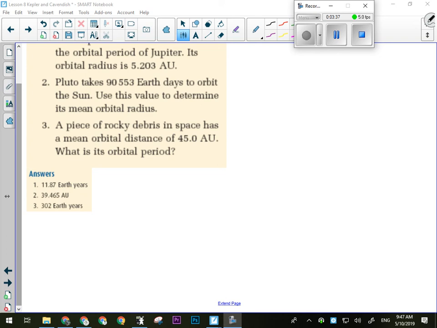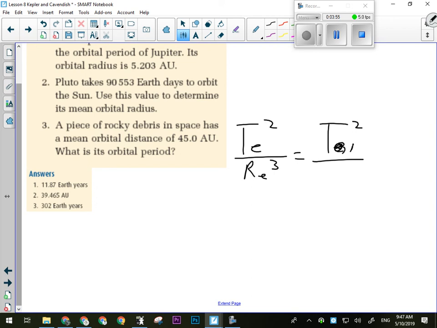All right, so for number 3 here, okay, we have the mean orbital distance or orbital radius for this piece of rocky debris, and I'm going to set it equal once again to Earth. So the period of Earth squared over the radius of Earth's orbit cubed equals the period of the rocky debris's orbit squared, okay, divided by the radius of the rocky debris's orbit cubed.